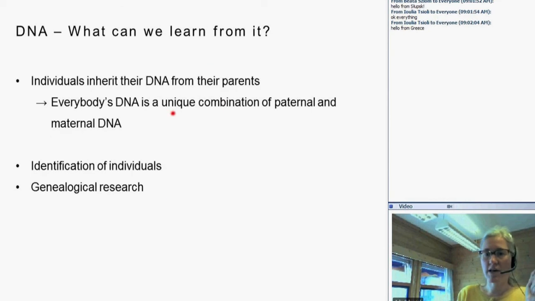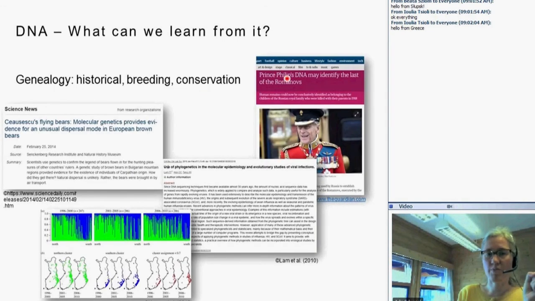Individuals inherit DNA from their parents, and DNA is unique to everyone, so we can identify individuals and we can look where they come from. So we can, for example, find out maybe is Prince Philip related to the Russian Tsar. We can look at wildlife crime, for example, and population structure, where individuals come from.